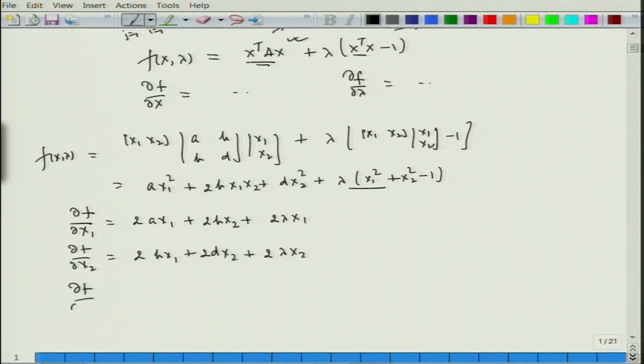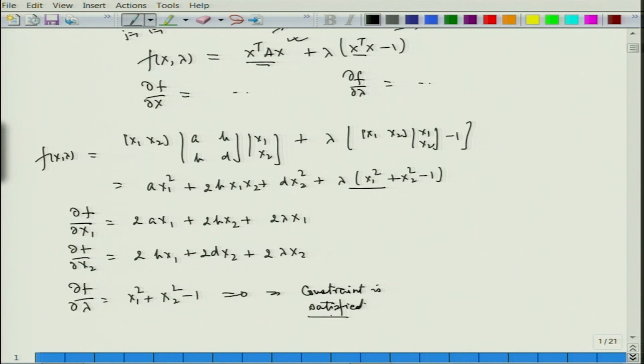And del f by del lambda is x1 square plus x2 square minus 1. Substituting this to 0 implies the constraint is satisfied.